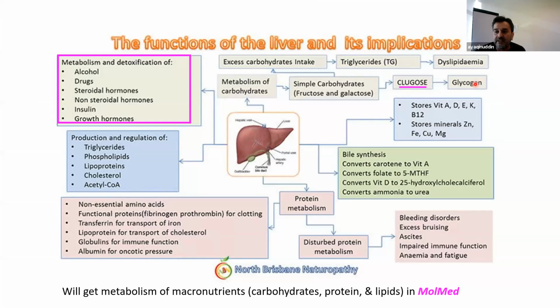Whenever you need energy, the glycogen is broken down to glucose to get energy. And then the excessive carbohydrate is converted into triglyceride and stored. If you take the liver out, there is no energy source which you have. So you need the liver because it is important in providing the energy which is required.